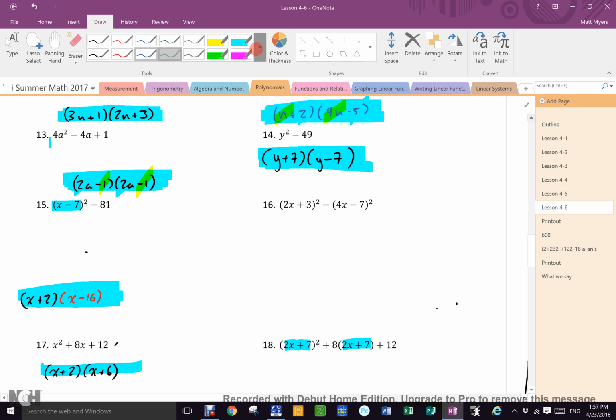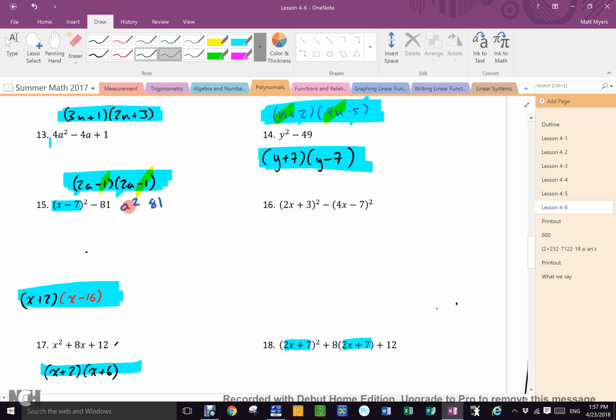Yeah. Because I've taken something, a, squared it, and subtracted 81. The way it's written now, I have something, x minus 7, squared, minus 81, right? So, if I rewrite this, and I'm just stalling for time till the computer lets me write, as a squared minus 81.